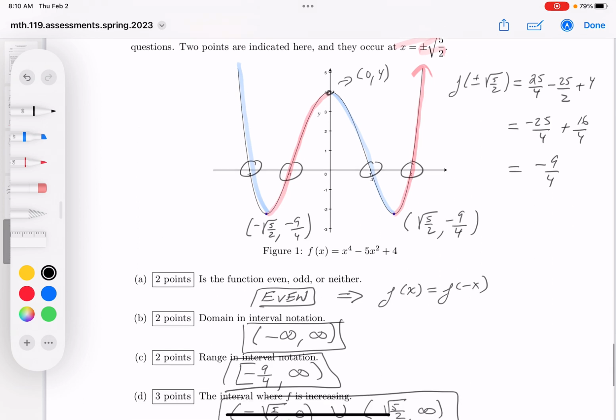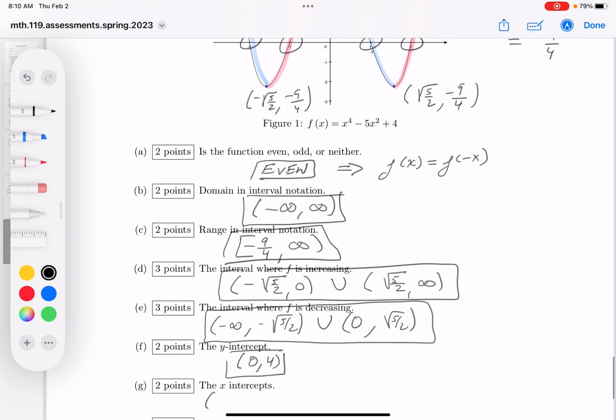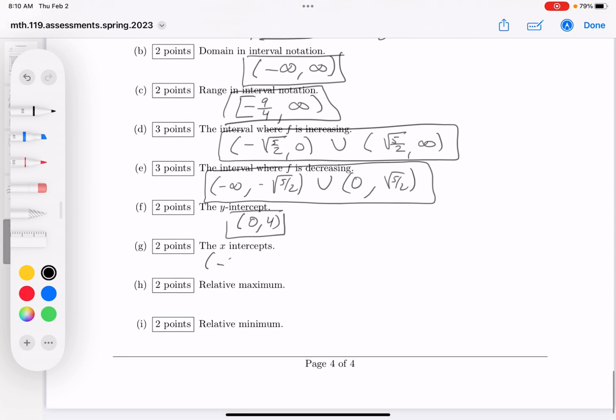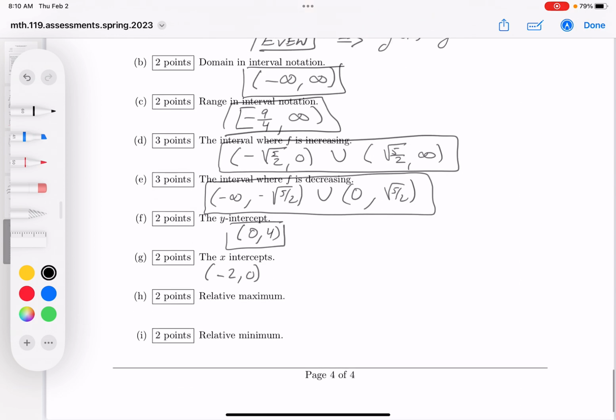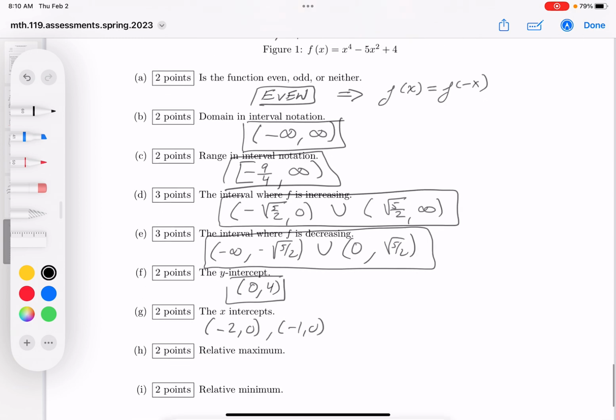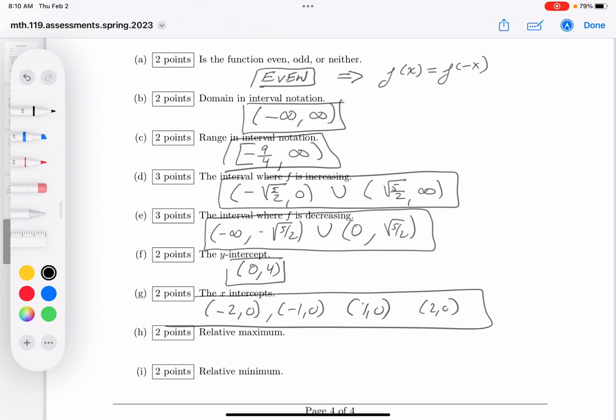Looking at the picture, the x-intercepts are minus 2, 0; minus 1, 0; 1, 0; and 2, 0. A little box in that.